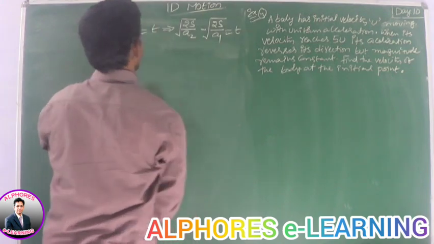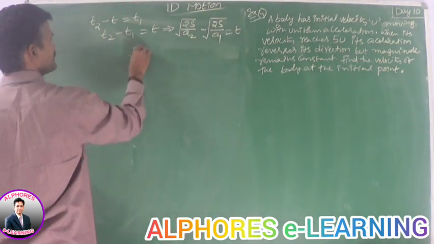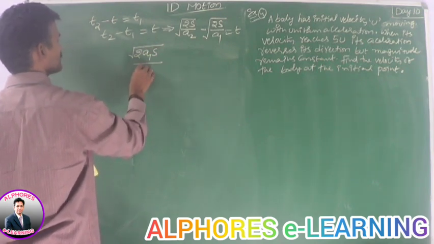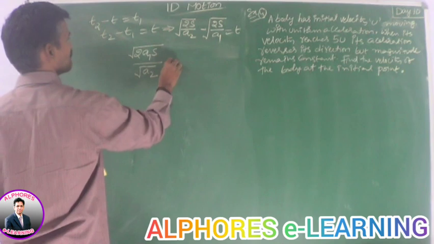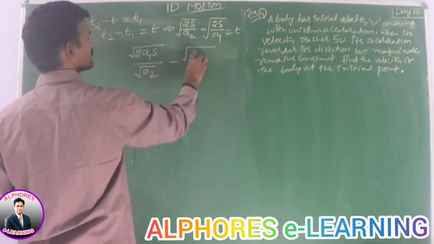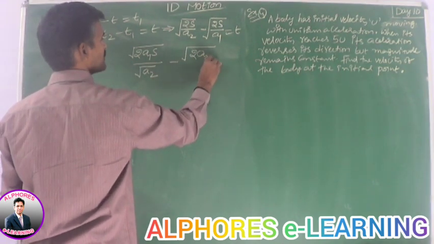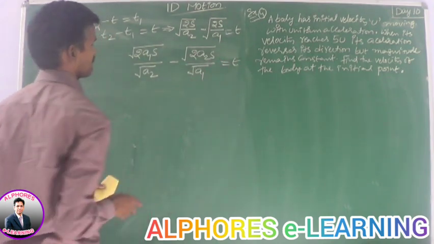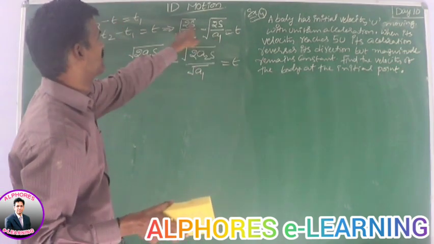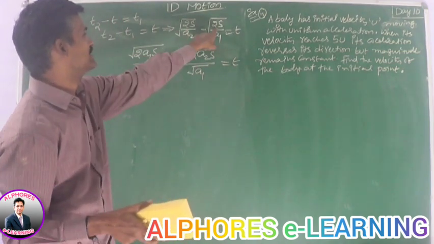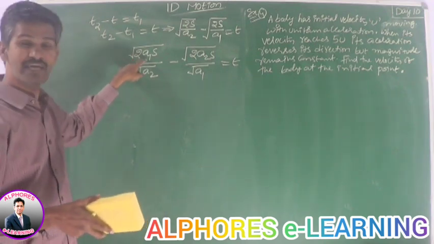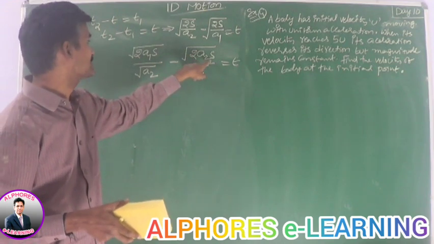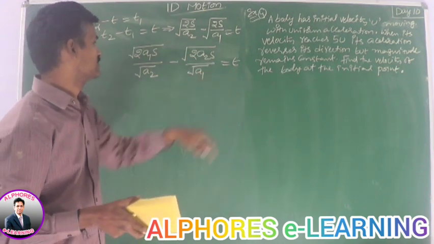Taking LCM, this is under root 2a1s by root a2 minus under root 2a2s by root a1 is equal to T. Or you can cross multiply root a1 and root a2, then you will get root 2a1s by root a2 minus root 2a2s by root a1 is equal to t.